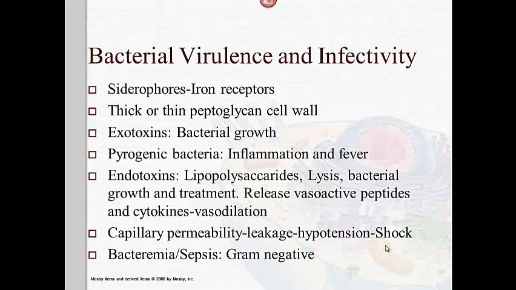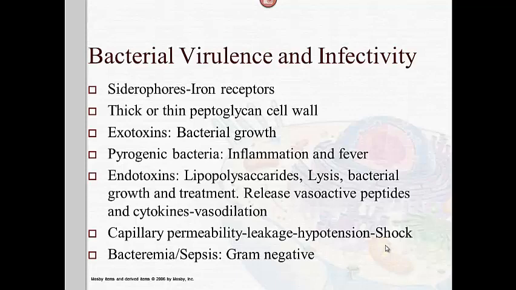Most commonly it is present in gram-negative bacteria. So those endotoxins are released by vasoactive peptides, producing vasodilation, producing reduced blood pressure, decreased oxygen delivery, and therefore cardiovascular collapse.